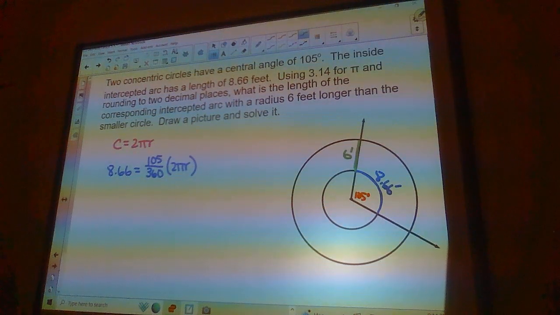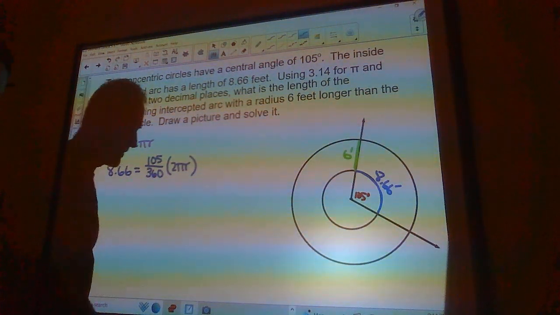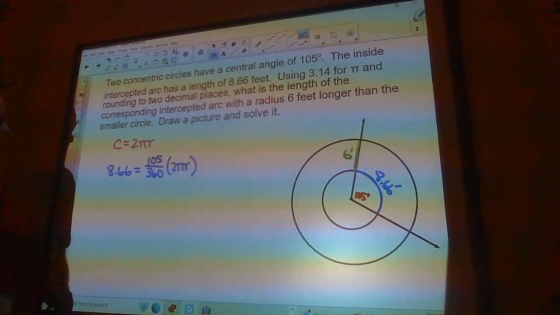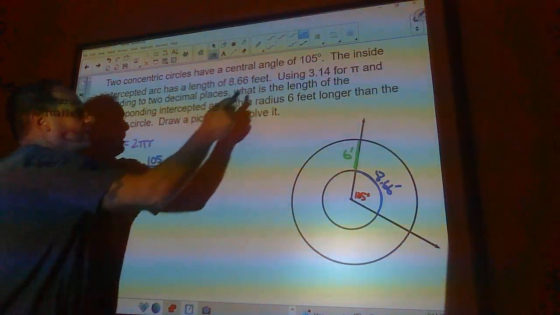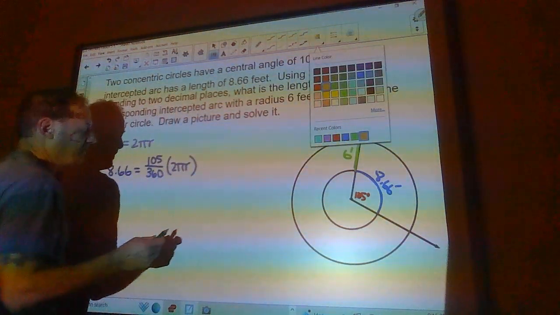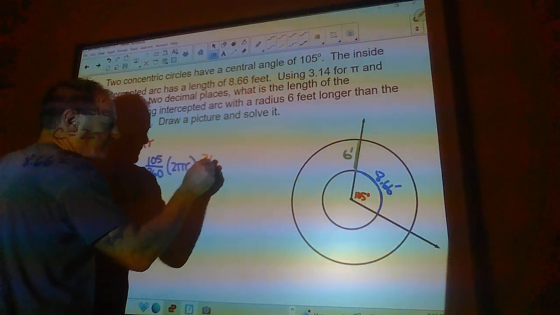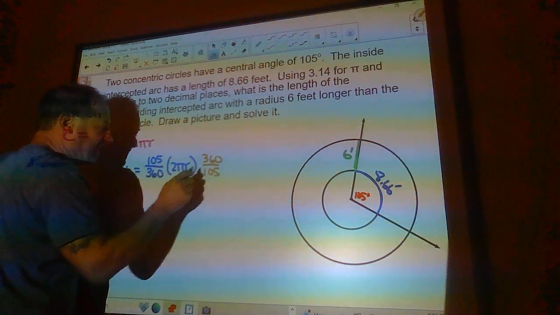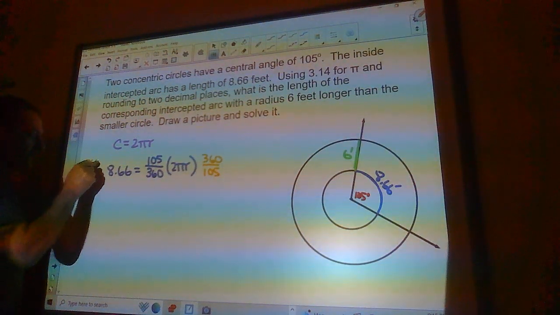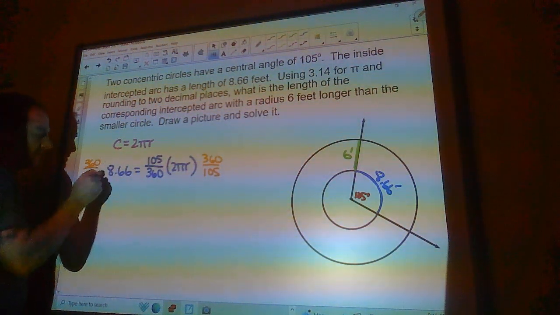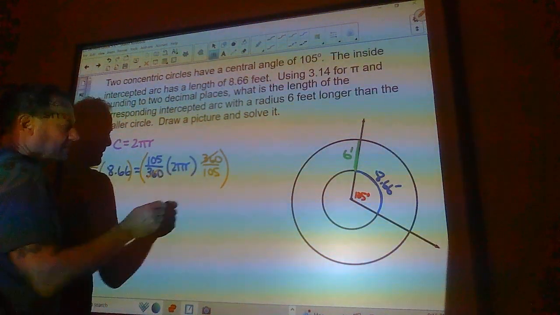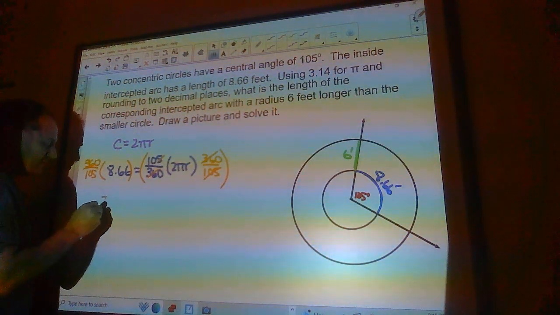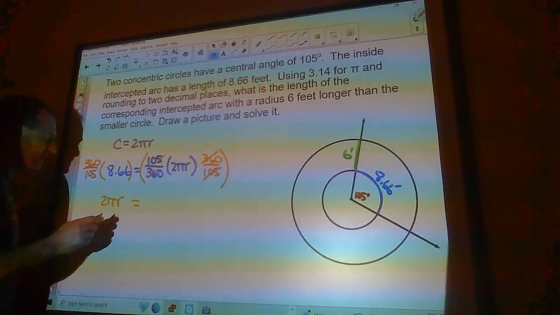Okay, so we're going to calculate the radius. First thing I'm going to do, I'm going to multiply both sides of this equation by 360 over 105. What that'll do is that will cancel this, that will cancel this, leave me with 2 pi times the radius.